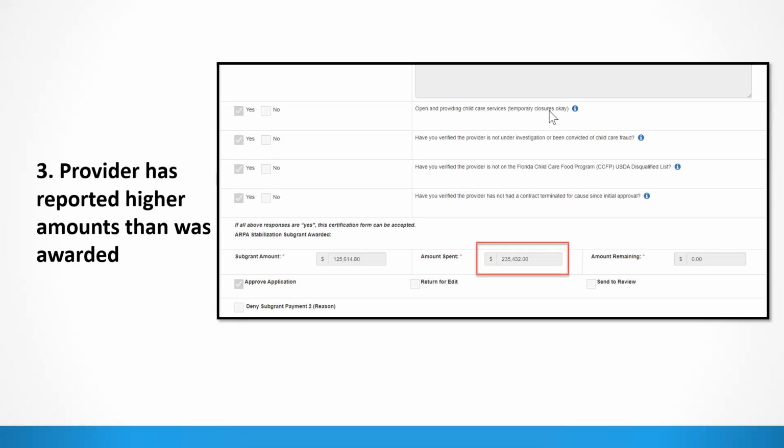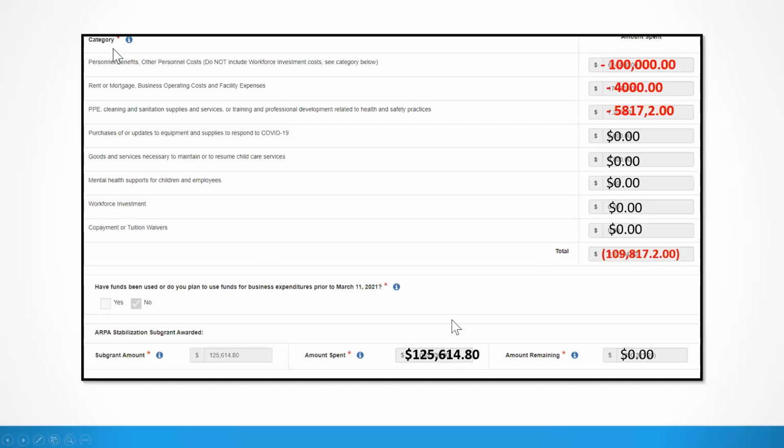It can also be that you have reported higher amounts than they were awarded to you. In this case, the provider was awarded over $125,000. However, the provider reported $235,000. So the boxes are going to be in red, and it's going to show that she didn't complete or use all the funds.